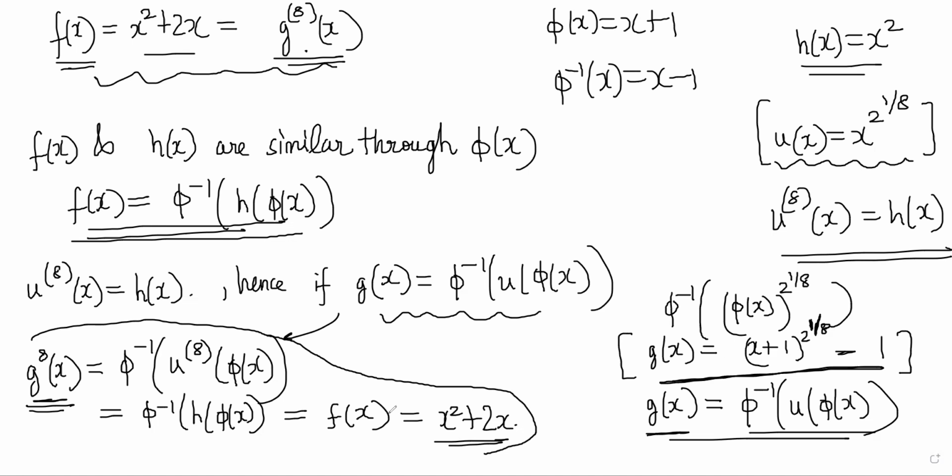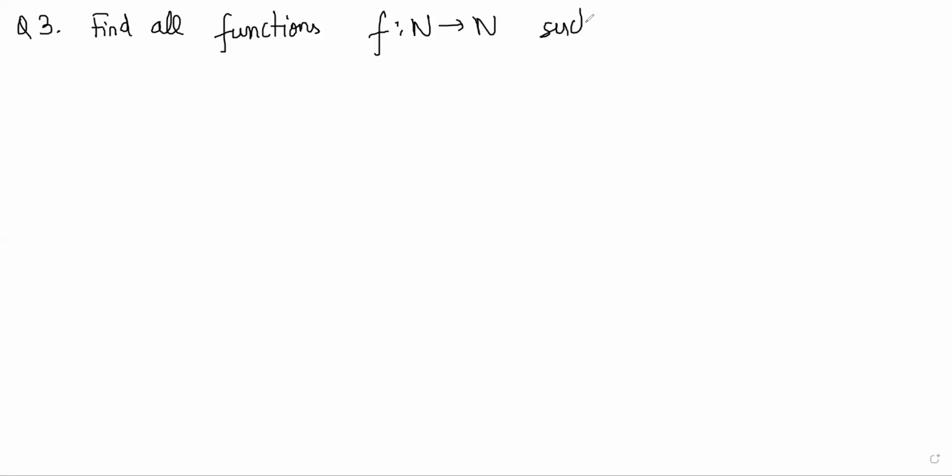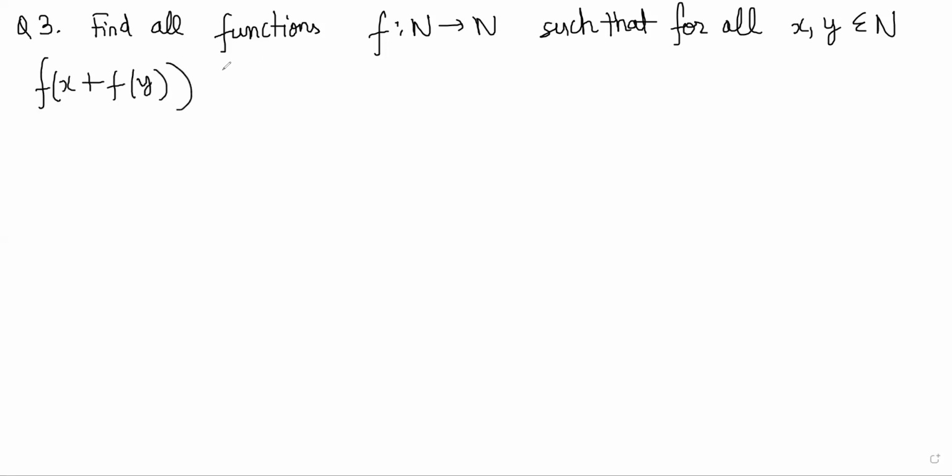Okay. The next question for us is this one. Find all functions f from N to N such that for all x, y belonging to natural numbers, we have f of x plus f of y is equal to f of x plus y.